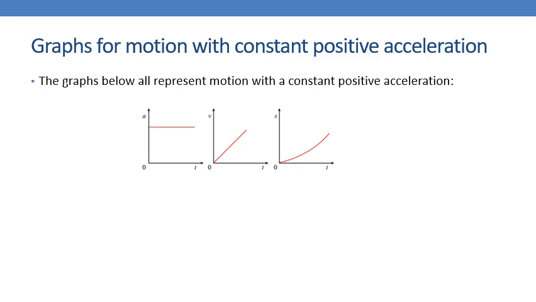So constant acceleration is a constant horizontal value for the acceleration, and that comes from the velocity time graph, which has a constant gradient, and then the displacement time graph will be a curve because the object is speeding up, so it will be traveling more distance in a certain amount of time as it gets faster.